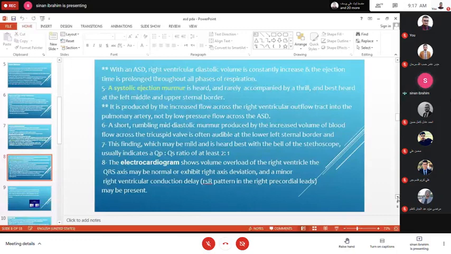So this will produce a systolic ejection murmur, not because of the shunt through the ASD, like the VSD.